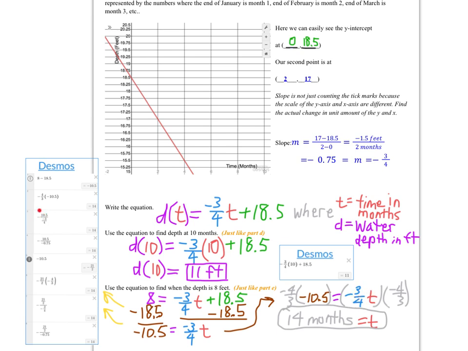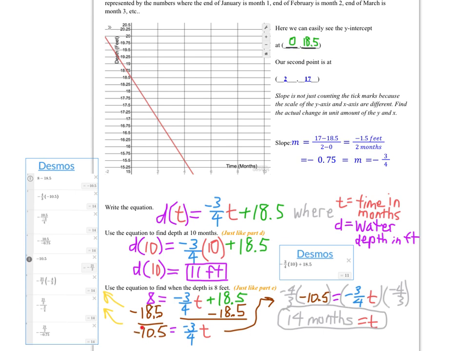So I could have done negative 10.5 divided by negative 3/4. Make sure that you have it look like this when you type it in. Still 14. Negative 3/4 is really a decimal, negative 0.75, so I could have done negative 10.5 divided by negative 0.75, still 14.